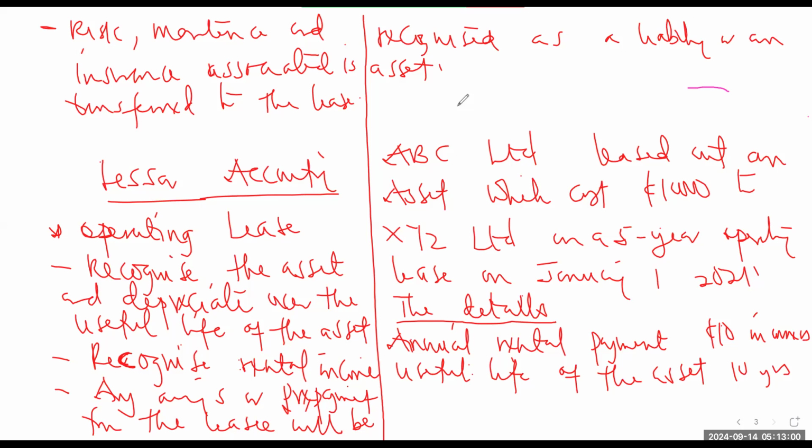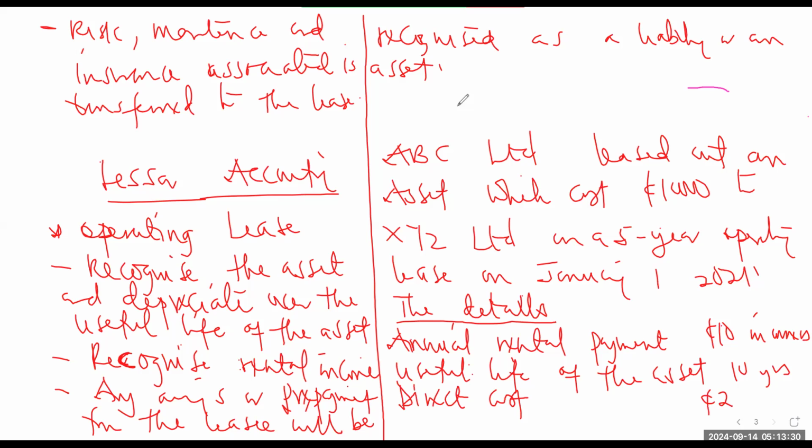There can also be an issue of the lessor incurring a direct cost, or the lessee can even incur the direct cost. If the direct cost is incurred, how do we go about it? So the lessor or the lessee incurs a direct cost of, let's say, 2 million.